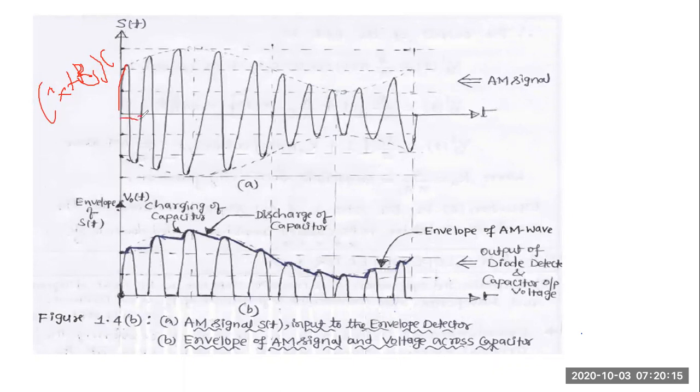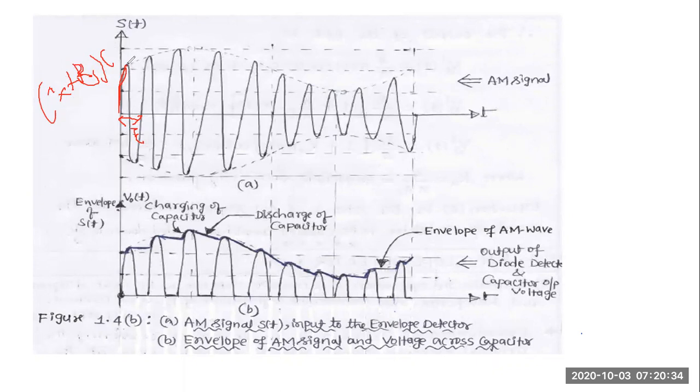What is the time period of the carrier? This is the time period of the carrier, which is 1 by Fc. Since this charging time constant is less than this, the capacitor will charge along with the carrier. It will rise along with the input.